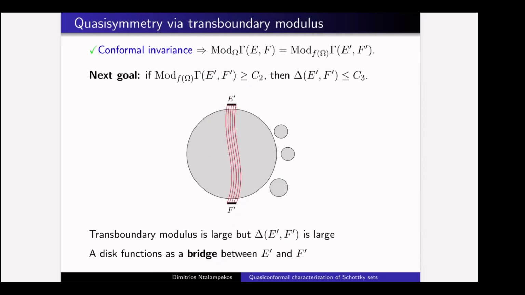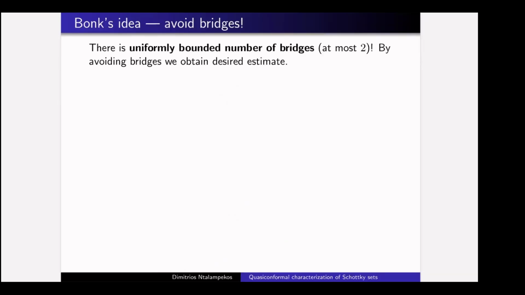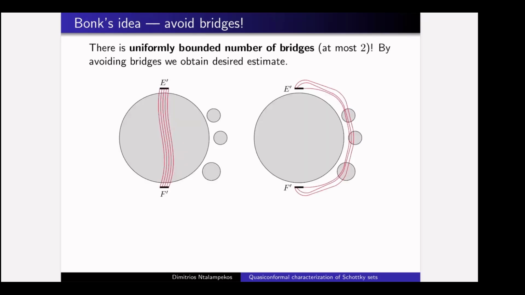Well, Mario had the great idea to fix this problem by avoiding the bridges. So he proved that there is a uniformly bounded number of bridges, in fact, at most 2. And by avoiding these 2 bridges, we can get the desired estimate. So instead of looking at this curve family that goes through this big disk, we just avoid the disk, and we look at the curve family that only goes through the other complementary disks.